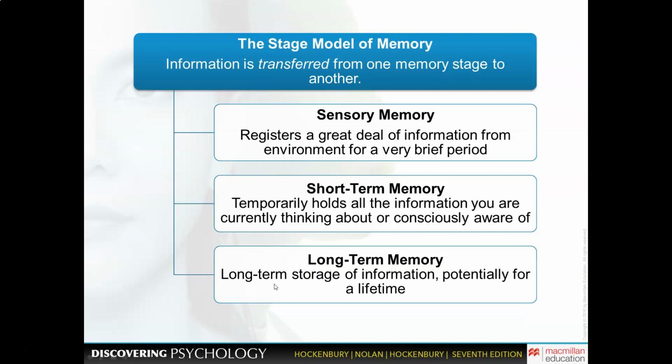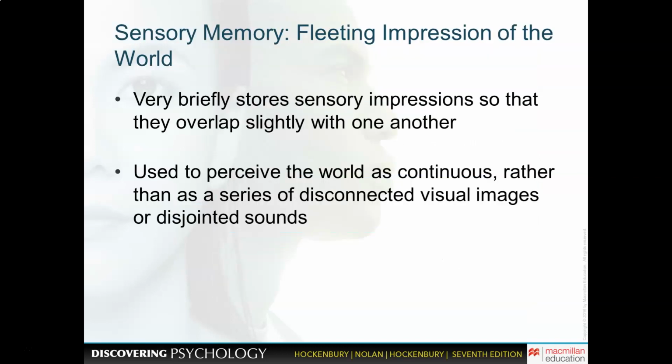Okay? So long-term memory means basically an unlimited amount of information and an unlimited amount of time that it can be stored. We will look at that a little bit more in depth as we proceed here.